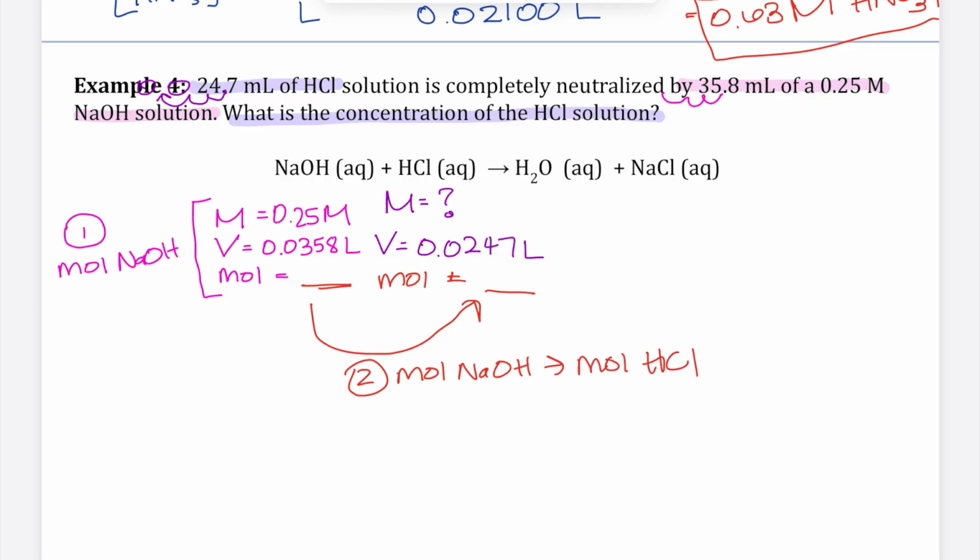And then once we have those moles of HCl, then we are able to figure out the concentration. So what is the molarity of our HCl solution using that moles divided by liters. So if you feel comfortable, go ahead and start working through that process. Pause the video, and I've got the solution on the next page.